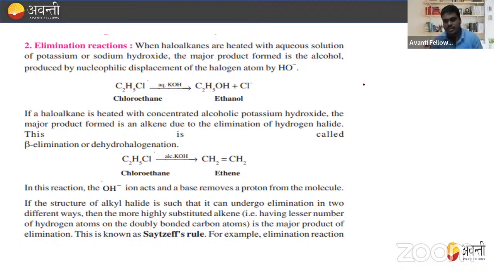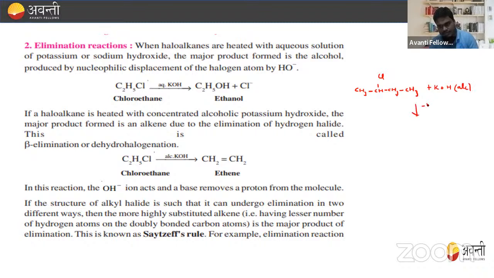Let us assume you have CH3, CH, Cl, CH2, and CH2. So you have a chloroalkane like this, 2-chlorobutane. Now, when you treat it with alcoholic KOH, there are two possibilities.